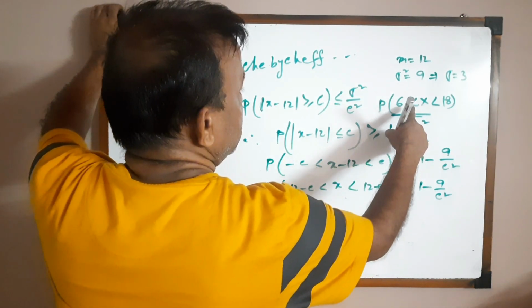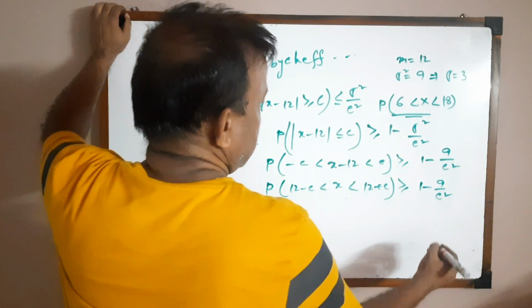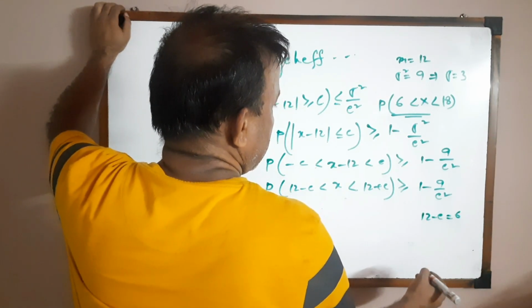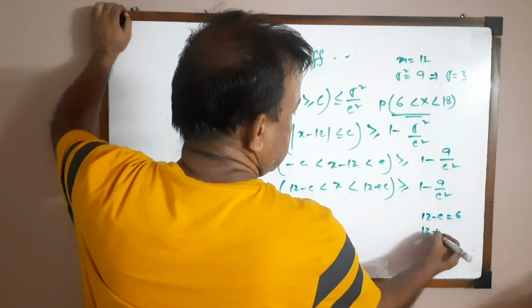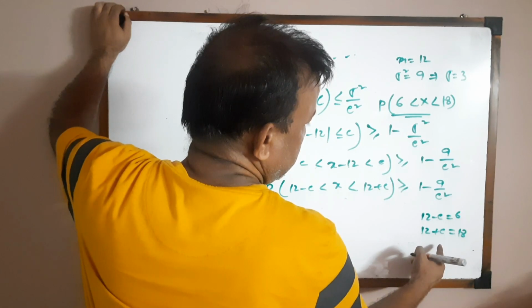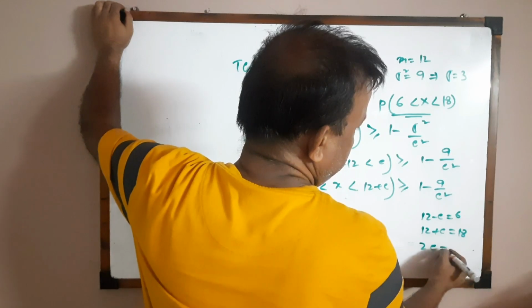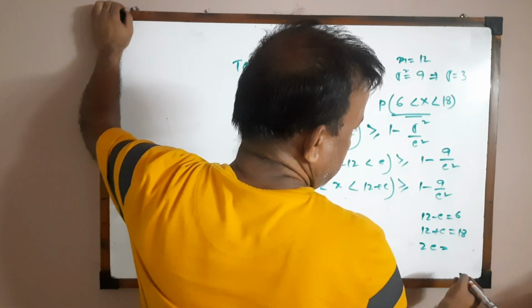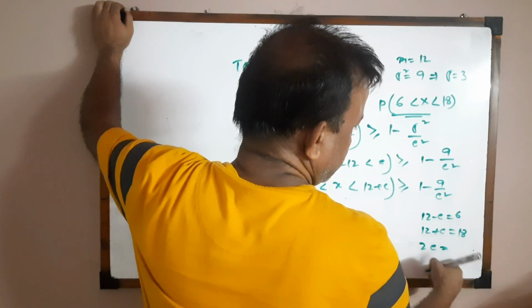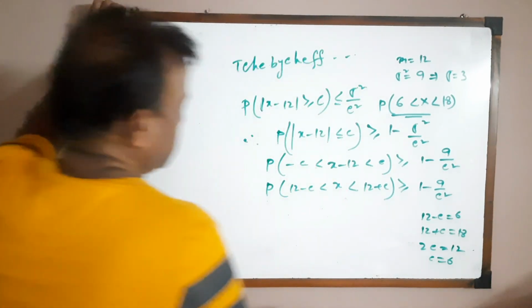Comparing these with this one, 12 minus c equals 6 and 12 plus c equals 18. So c equals 6.